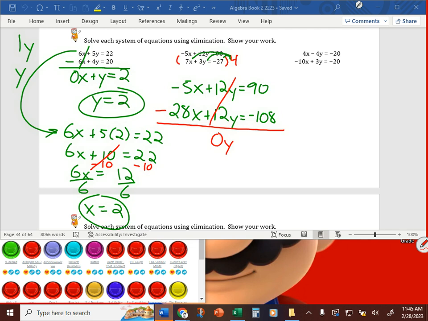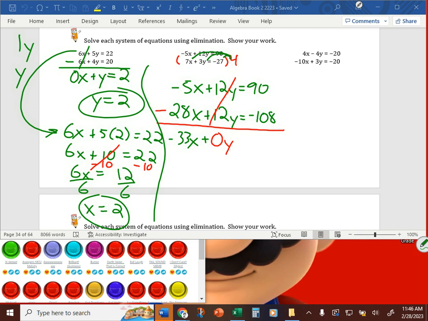And so that leaves me with just my x variable to solve for now. Negative 5x minus 28x gives me negative 33x. And there's my 0y, which is just 0, so write it, don't write it, doesn't really make a difference.